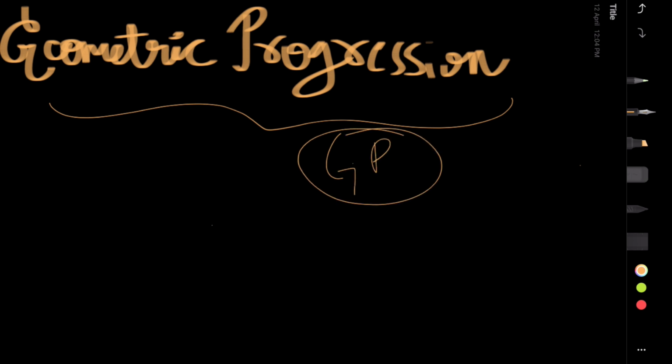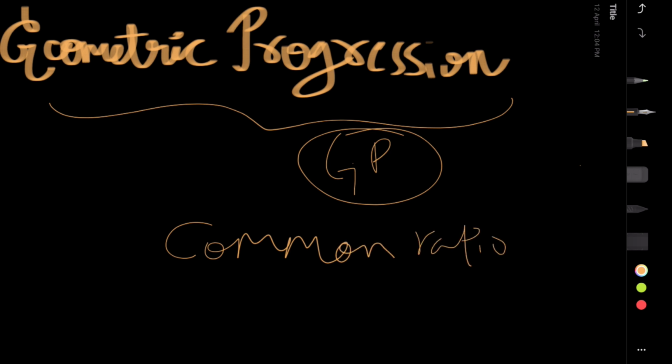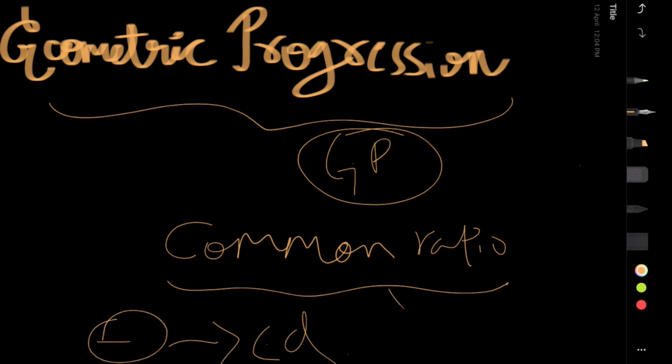We got the common difference by subtracting; by dividing I can get the common ratio. That is the concept here.